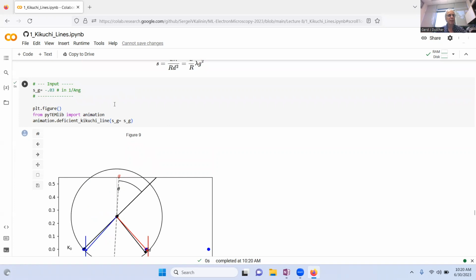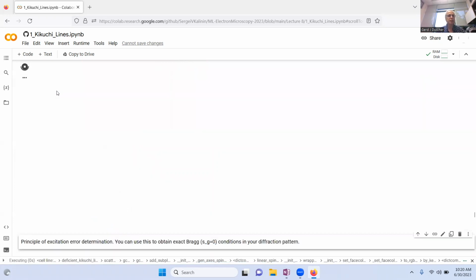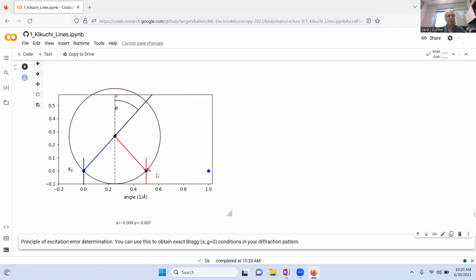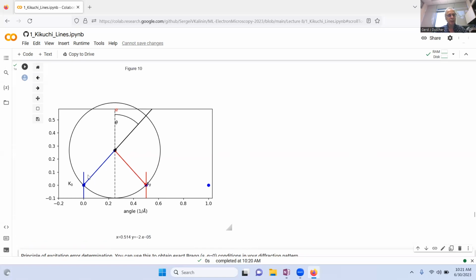Okay, let's go to perfect condition. So 0 excitation error. And we see the Bragg peaks coincide with the Kikuchi lines and the zero beam. So one Kikuchi line coincides with the zero beam, and the other one with the Bragg condition, because this is the distance.